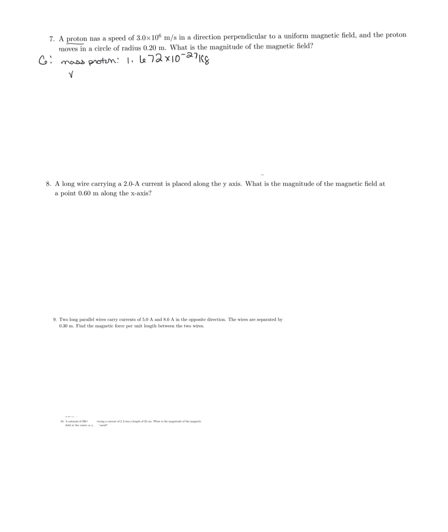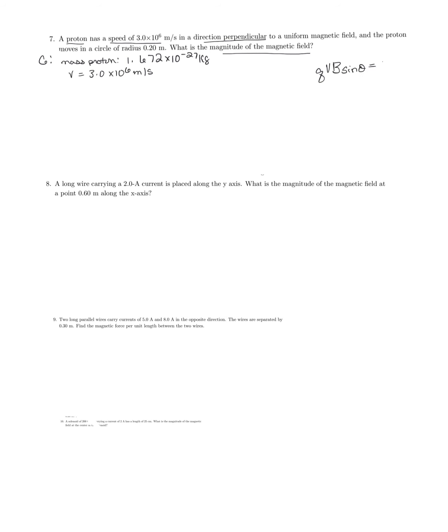We're also given a velocity, a speed of 3 times 10 to the 6 meters per second, and a direction, perpendicular. And that's going to be important because when we're talking about the magnitude of a magnetic field, the force is QVB, but it's QVB sine theta.